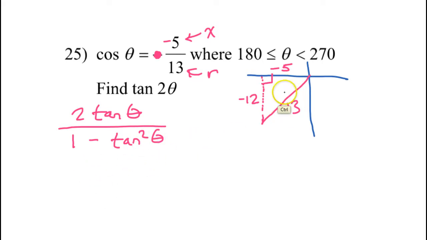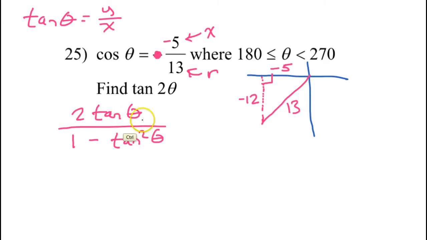Okay, so what is tangent? So remember, in terms of x, y, and r, tangent is y over x. So that's going to be negative 12 over negative 5, or simply 12 over 5.